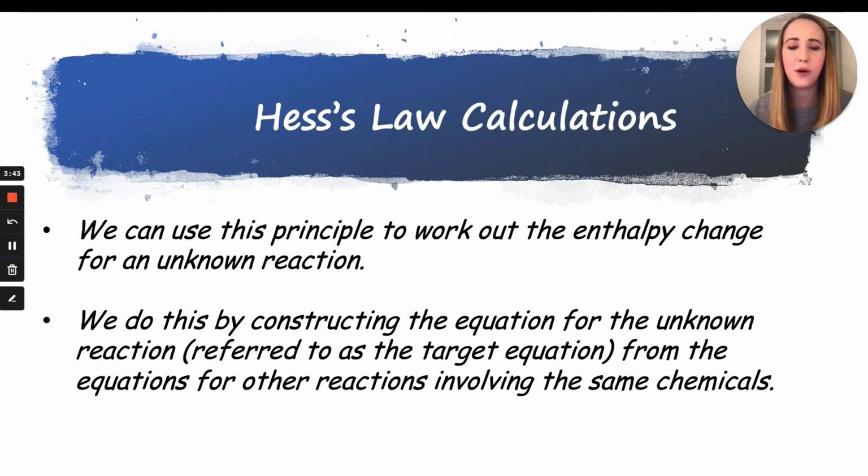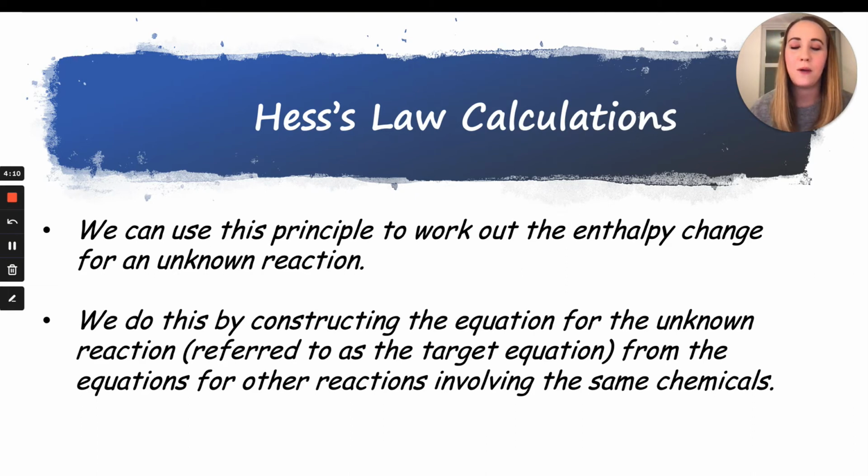And we maybe don't have a particular pathway or route that we can take, like in the diagrams, to do it in a slightly different way. What we can do in that situation is we can think about the chemicals involved in our unknown reaction, and we can think about other reactions they take part in that we do know the enthalpy change for.